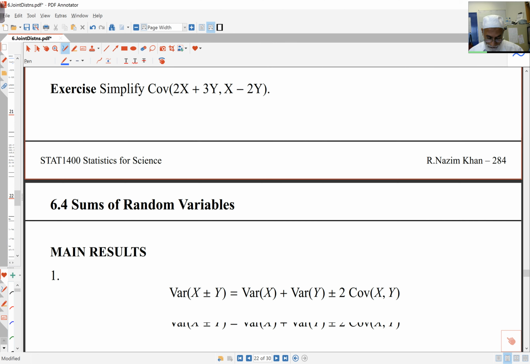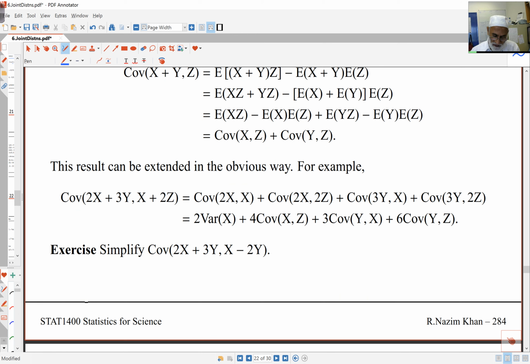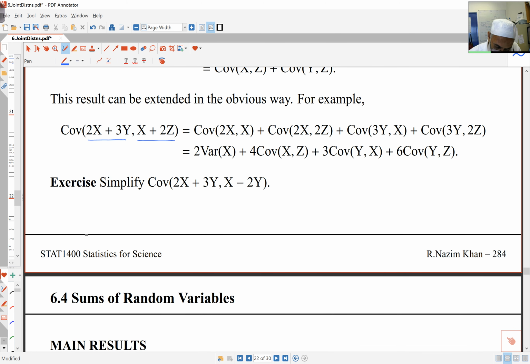Now, as an exercise, just for practice, if I'm looking at the covariance of, say, 2X plus 3Y and X plus 2Z, the way it works out essentially is I put 2X and 3Y there, and then the X and the 2Z there.